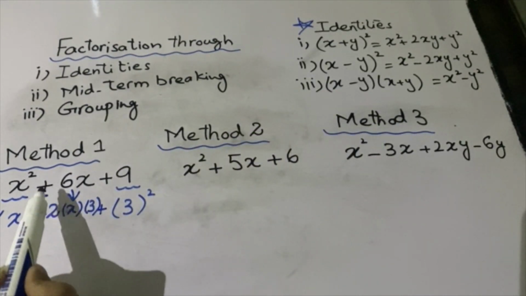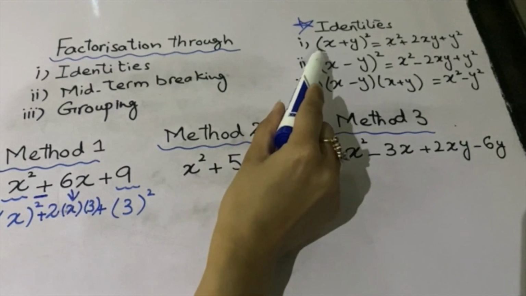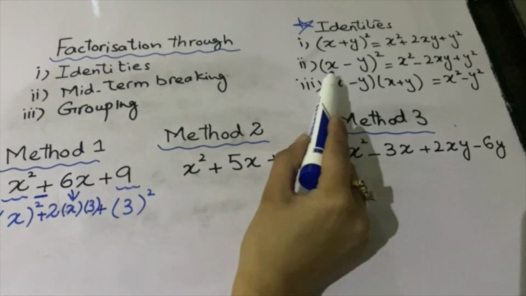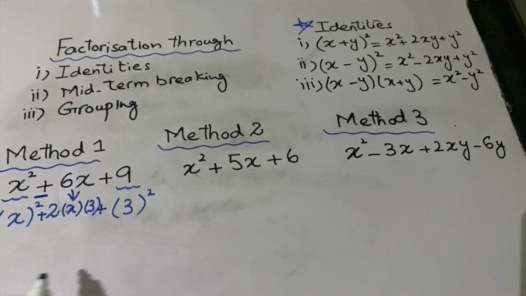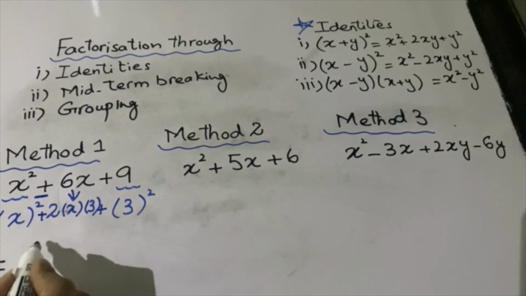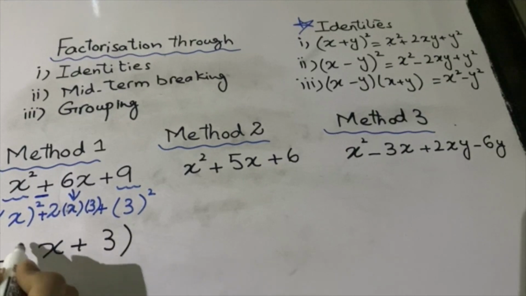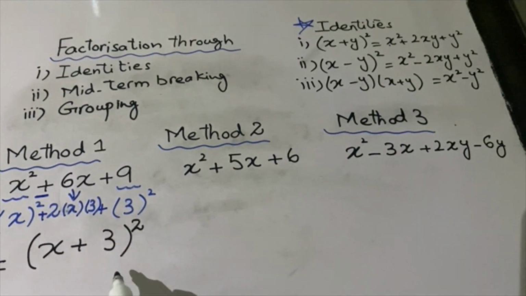This sign tells you which identity you are going to apply, either the first one or the second one. If it's plus, then you apply the first identity. If it's minus, then you apply the second identity. So here you are going to write that this will be equal to (x plus 3) whole square. When you put brackets, it means you have factorized the expression. This is the final answer.